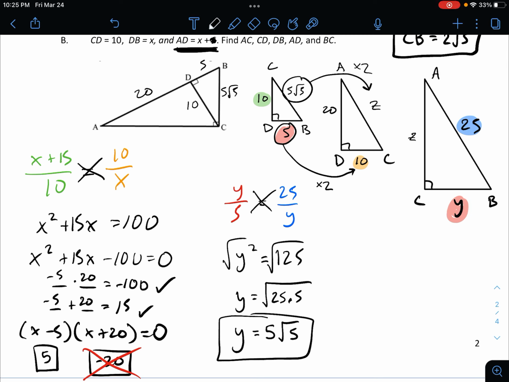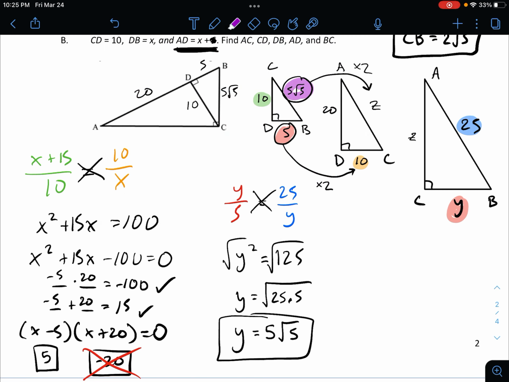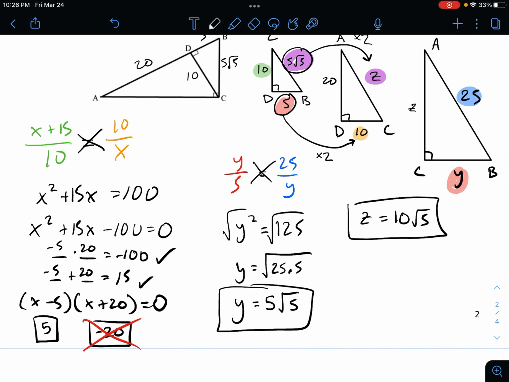Now, if you're not sure of the shortcut, go back and check your answer. So if I'm guessing, based on this pattern, I know that from 5 square root 5 to z, I multiply that by 2. So my best guess right now is that z is going to be 10 square root 5, twice as much. That's my guess. Now let's go ahead and verify that.